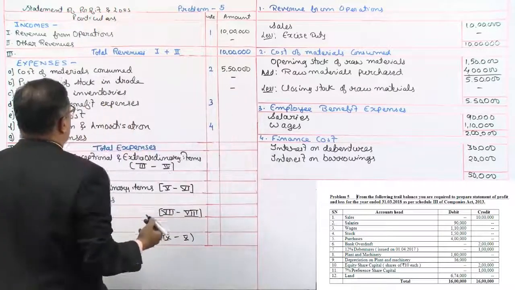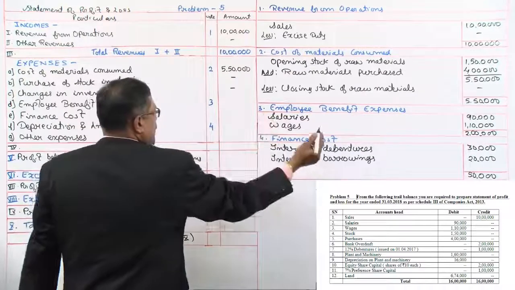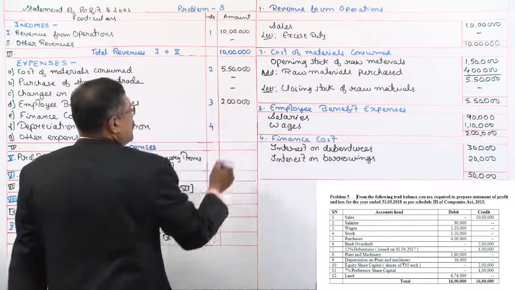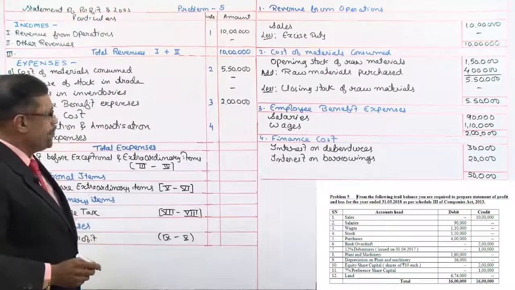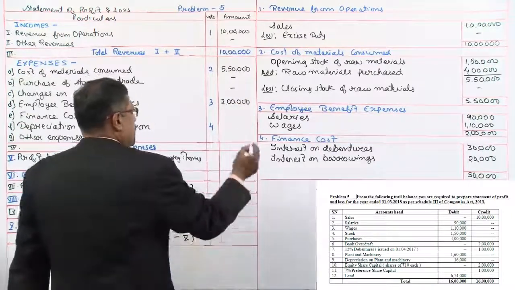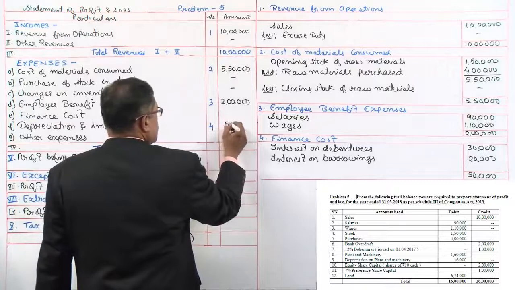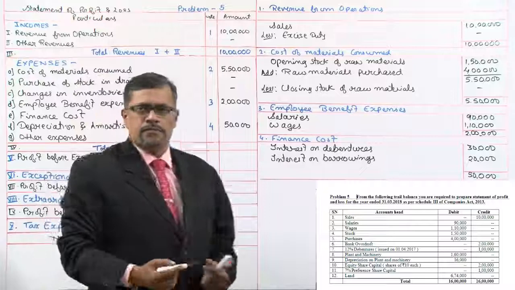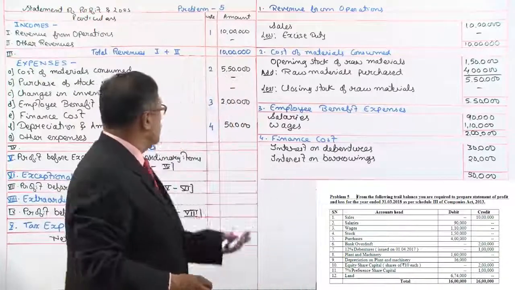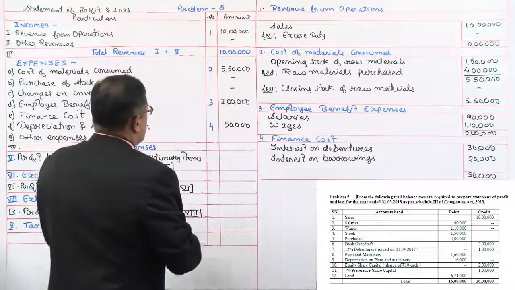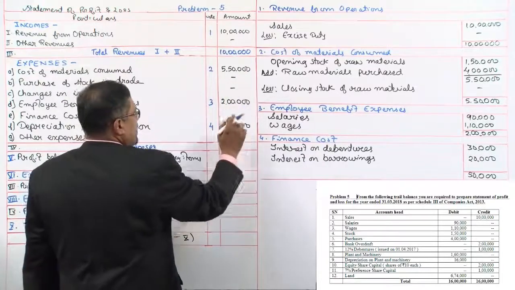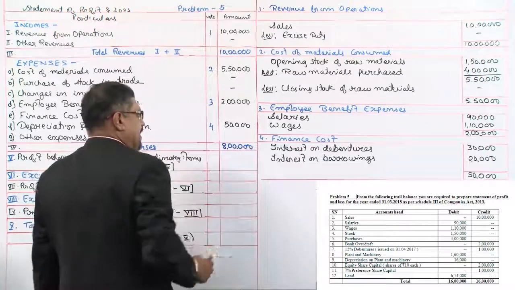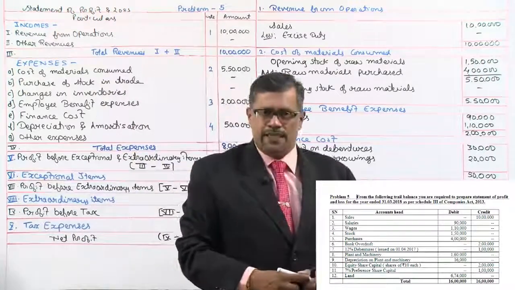Changes in inventories we don't have. Employee benefit expenses, total 2 lakh rupees. Finance cost 50,000. That's all. Let us total it. So this is going to be 550 plus 50 and this 2, what we get is 8 lakh rupees.